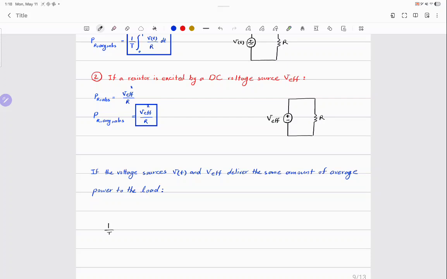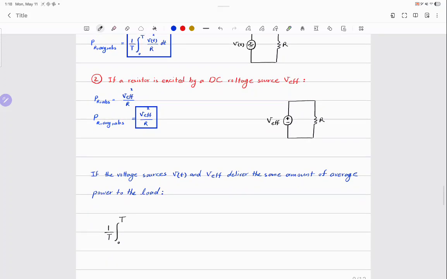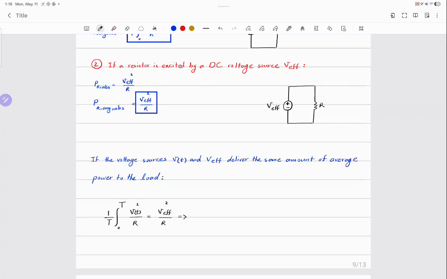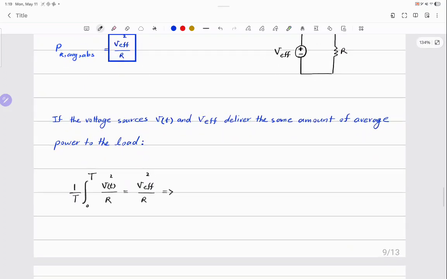So 1 over T, the integral from 0 to T, V squared over R should be equal to V effective squared over R. Can I get rid of R from both sides of the equation?